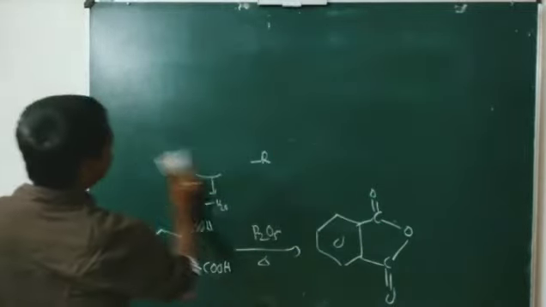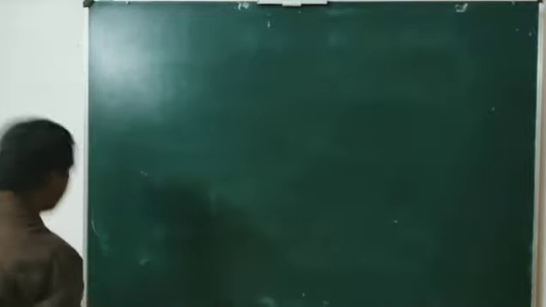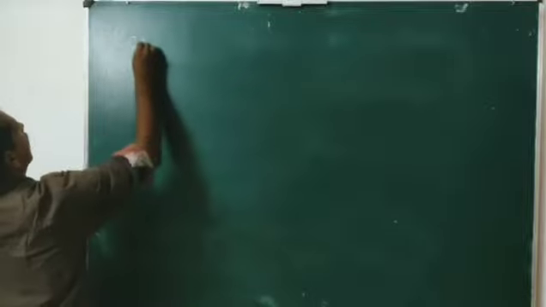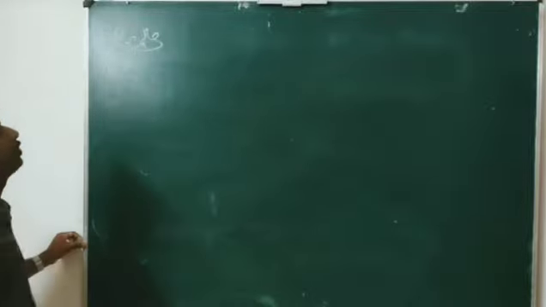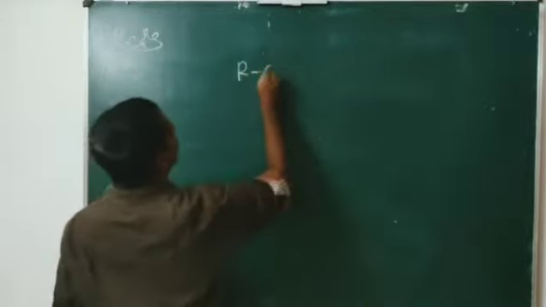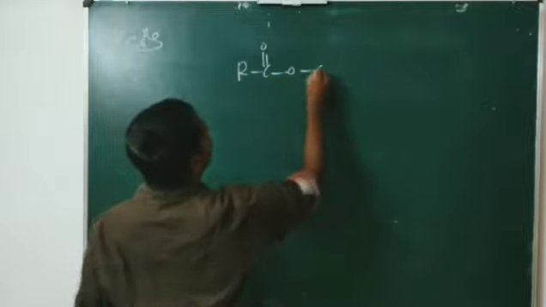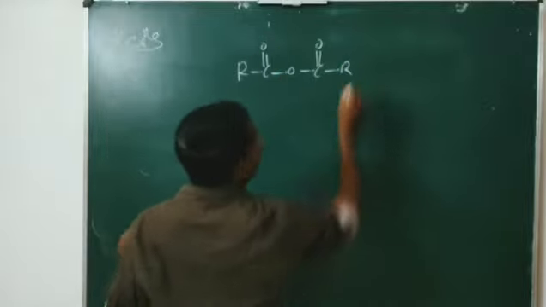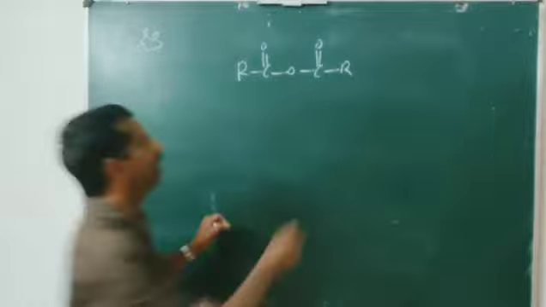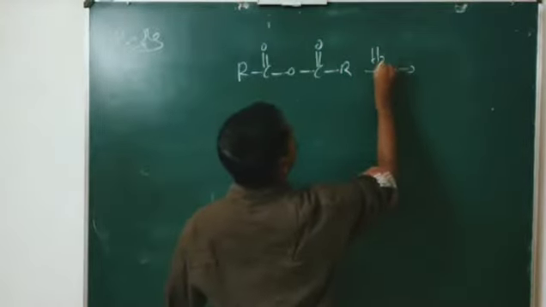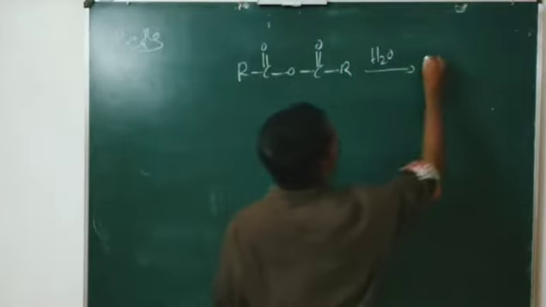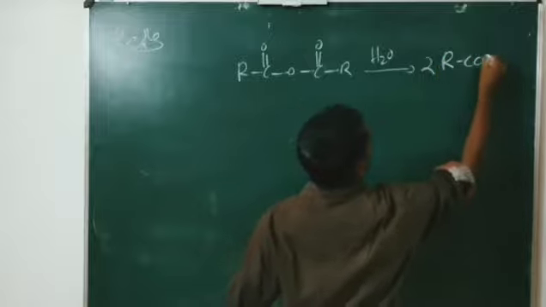Now the reactions of acid anhydride, RCOOCOR. On hydrolysis, it changes into two molecules of acid, RCOOH.